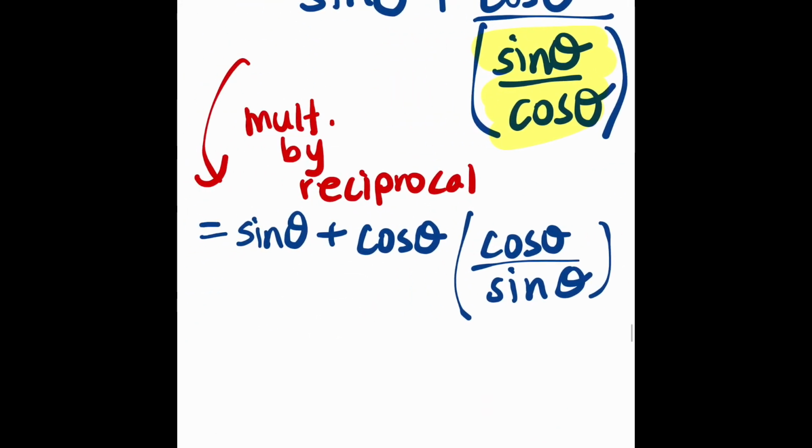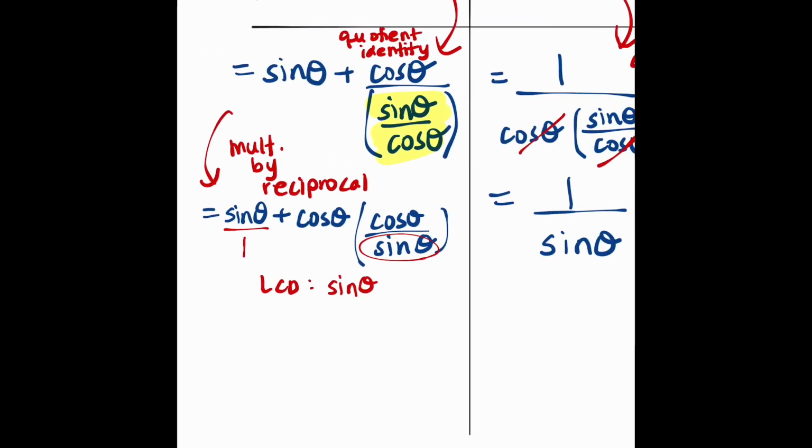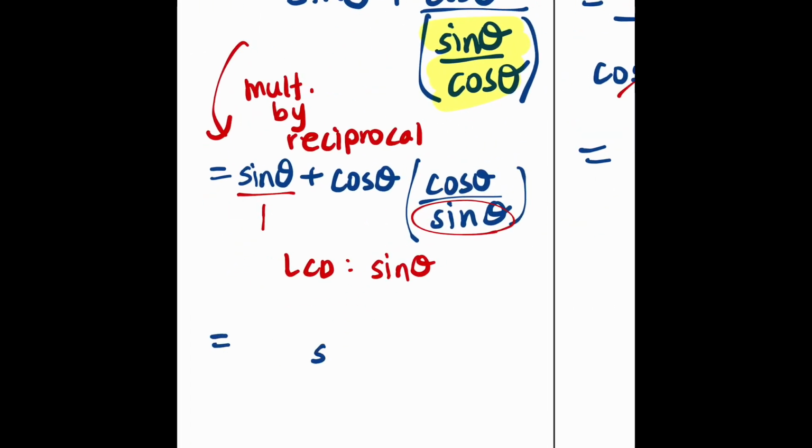At this point, I notice that I need to figure out the LCD because this has a denominator of 1 and this one has a denominator of sine theta. And so I'm going to write LCD is sine theta, so I can combine the two fractions together. And so sine theta is my denominator.